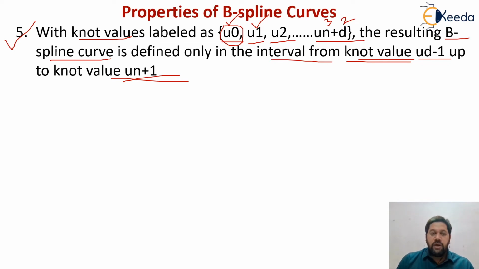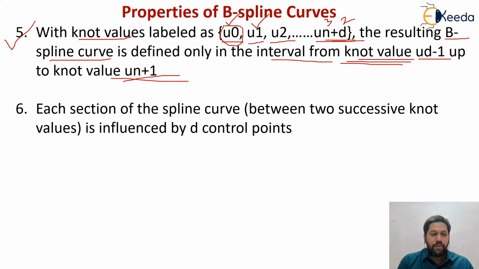So I have u1, u2, u3, and u4, because this becomes my last point. The first and last point values, or ending point values, are not considered in detail; they come under the knot values. That is the property we have.